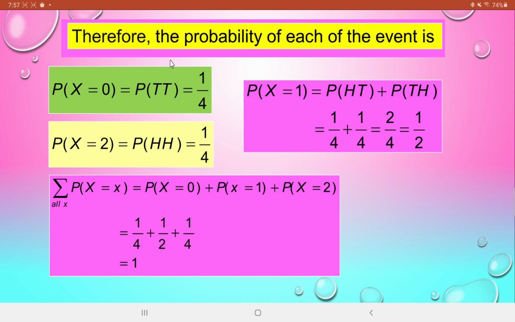Therefore, the probability of getting no head is P(TT) equals 1 over 4. The probability of getting one head is P(HT) plus P(TH) equals 1 over 2. And the probability of getting two heads is P(HH) equals 1 over 4. The sum of all the probabilities is equal to 1.